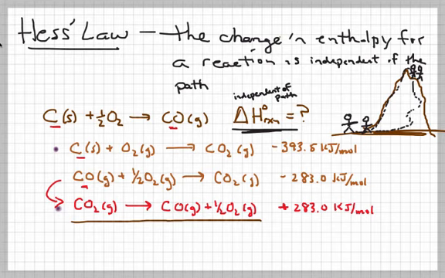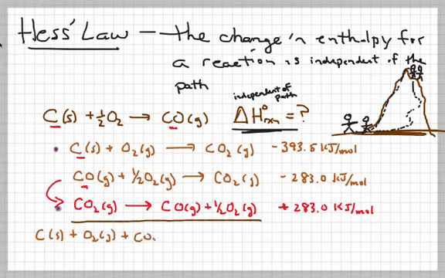So instead of a one-step process for producing our carbon monoxide, we're undergoing a two-step process. However, the total enthalpy change, because it's independent of the pathway, will be the same regardless of whether we did it in the two steps or the one step. So now, using our two steps, we can calculate the enthalpy change for our original reaction.